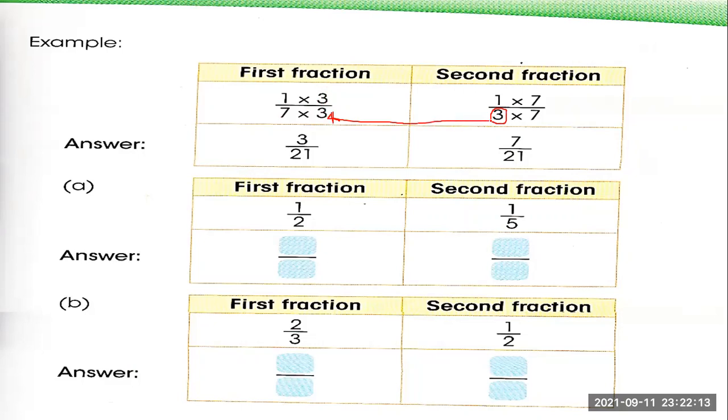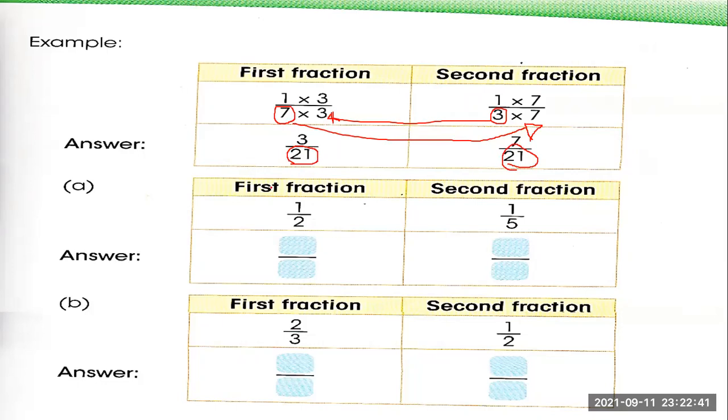Did you get it? While the denominator of the first fraction is 7. That's why we multiply the second fraction by 7. So there you go. We come up with the same denominator of 21. Okay, that's very important.